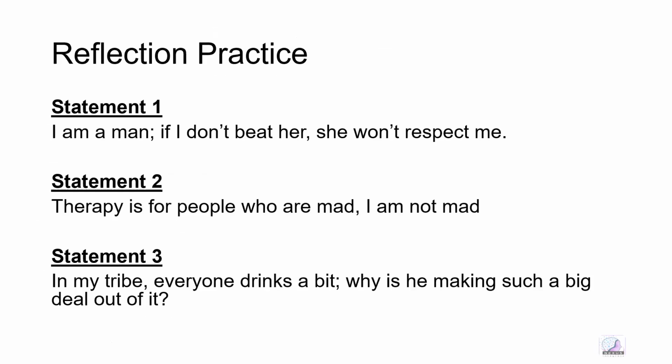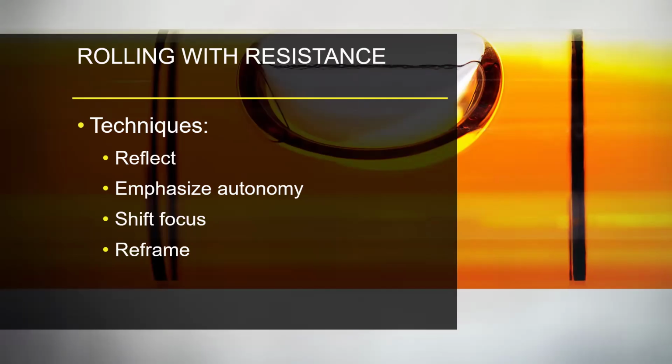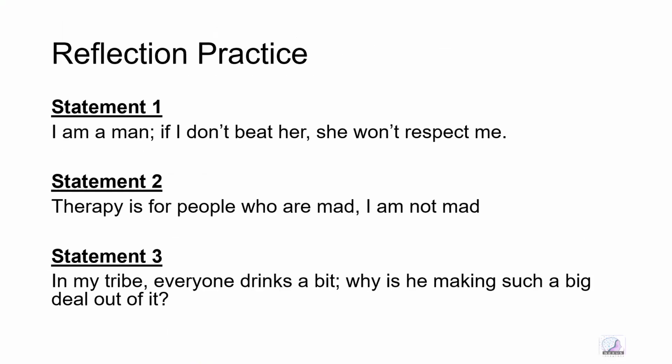Now I'm going to let you practice. We are going to reflect, we are going to emphasize autonomy, we are going to shift focus, and you're going to reframe. And this time I won't share with you mine. You get to do this on your own. Okay. So the man says, I am a man.